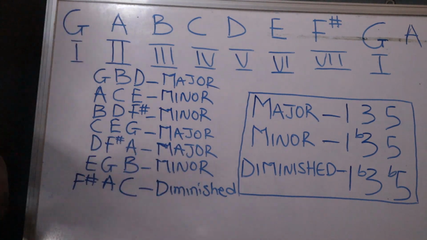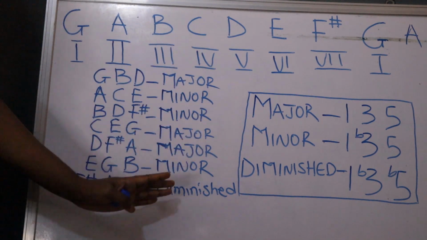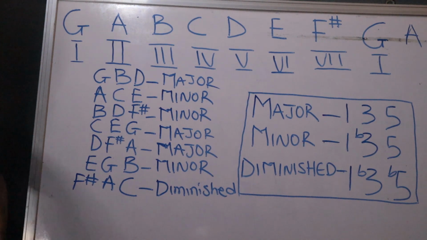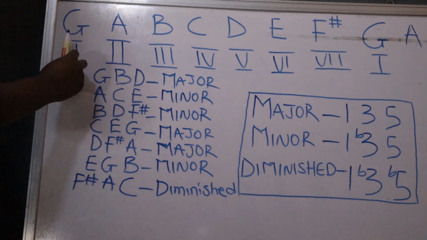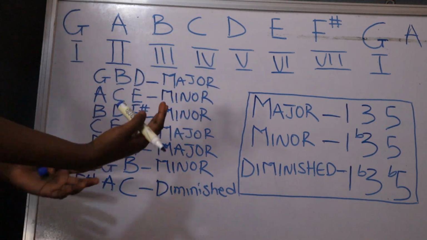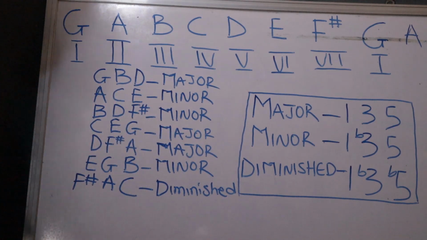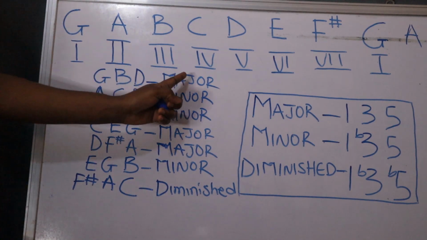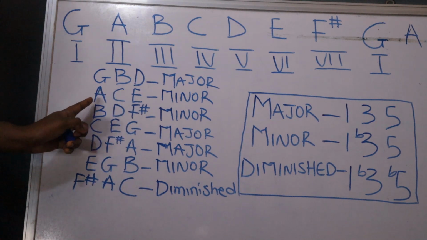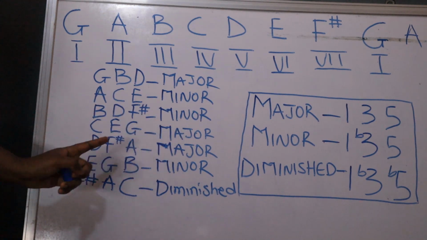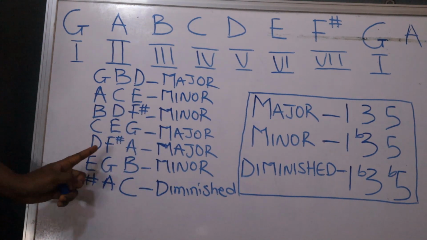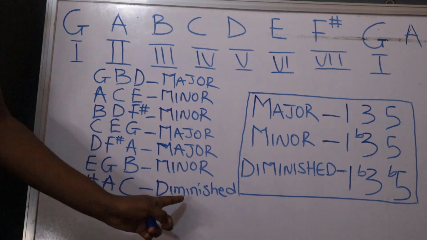Okay, so now these are all the chords that are available to us, the basics of chords in the key of G major. So now we know that this here will be G major, A minor, B minor, C major, D major, E minor, and F sharp diminished.